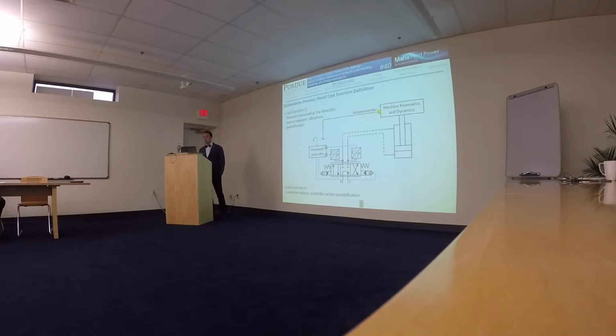But at the same time, I also use the controller action, which is something we want to also minimize. Because as I said, these machines work in open loop. So the more the controller is disturbing the operator command, the less the machine is tracking the operator command.